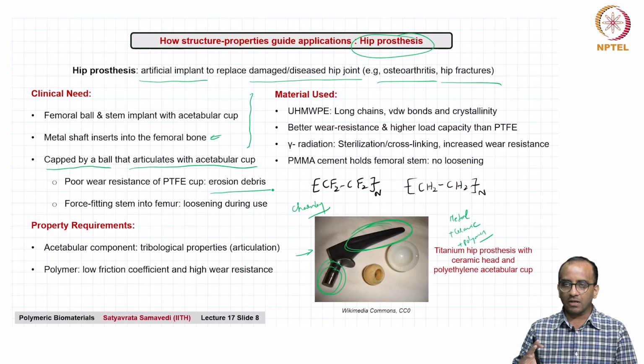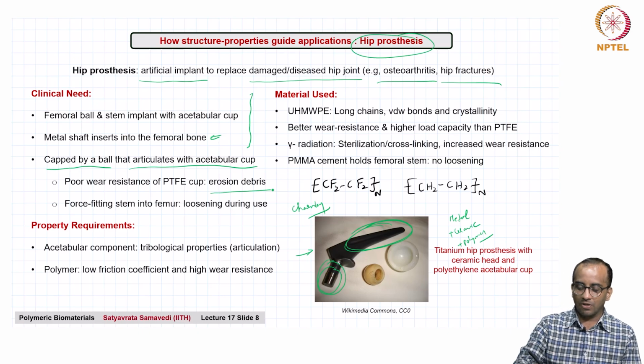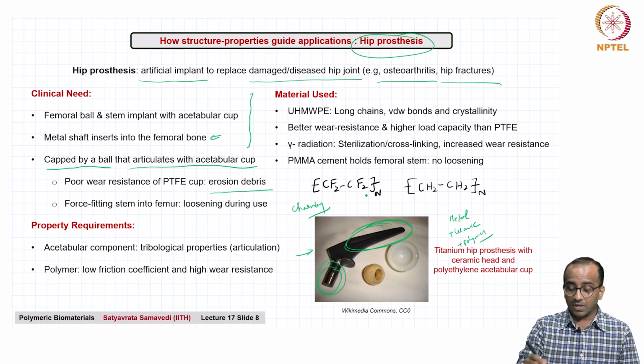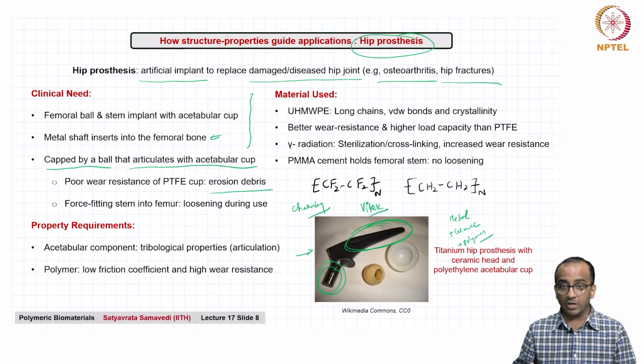A very brutal version of that we saw when we looked at the case study of the Vitek implant, which was used for the temporomandibular joint, primarily based on PTFE, that led to a lot of wear debris despite being FDA approved, and eventually it had to be recalled.